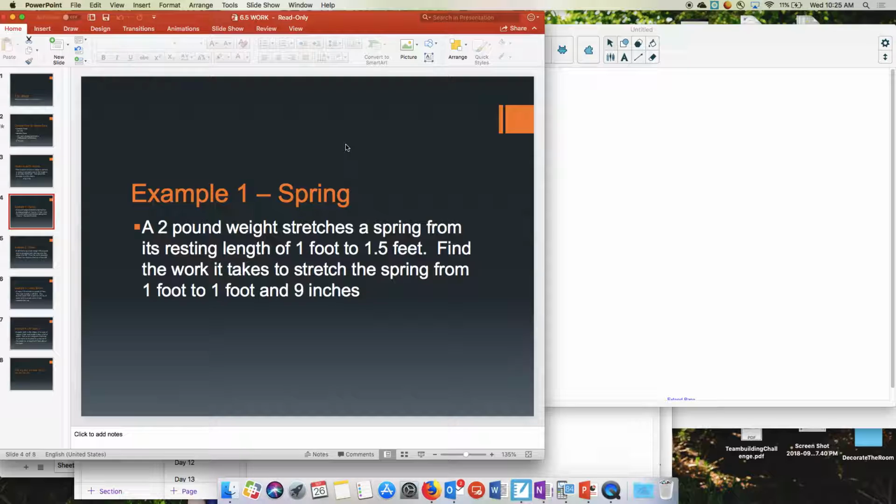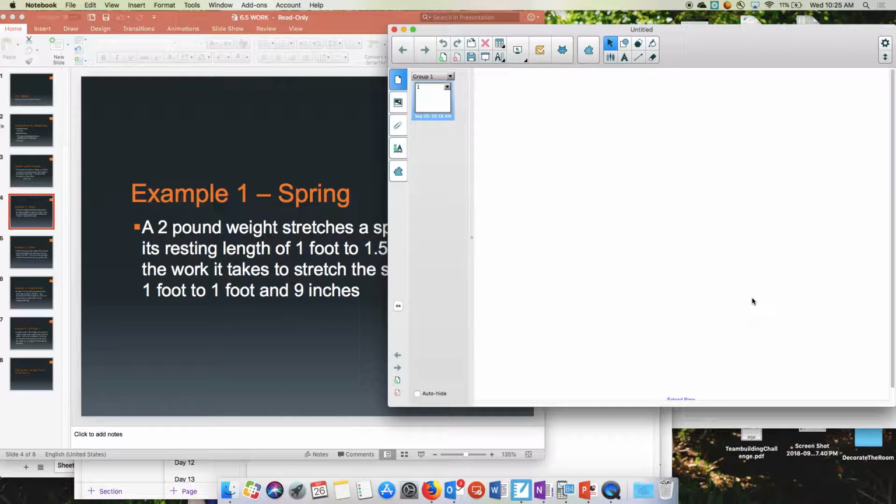Okay, are we ready? Do you have written down what you need? Who needs more time? So, we know that the force is directly proportional. So, our force is how many pounds? 2.